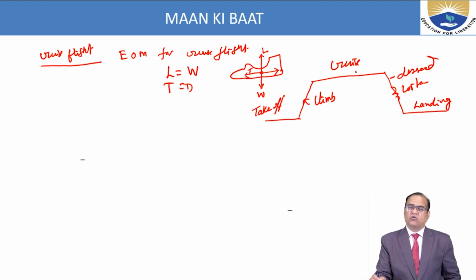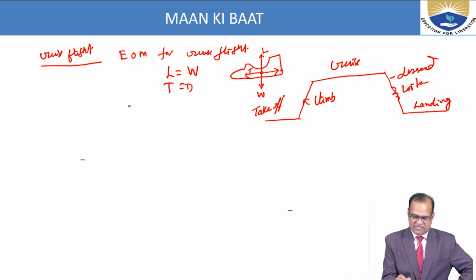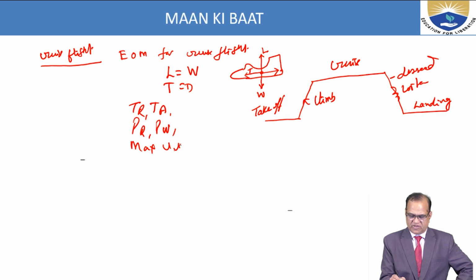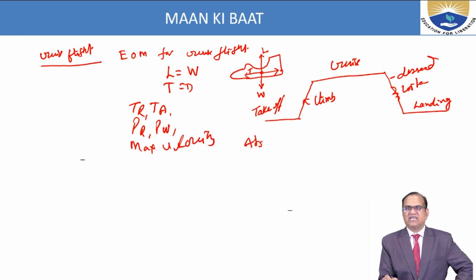For the cruise flight, we have seen thrust required, thrust available, power required, power available. We have also seen the maximum velocity, absolute ceiling, and service ceiling.